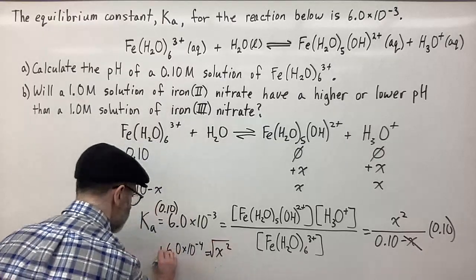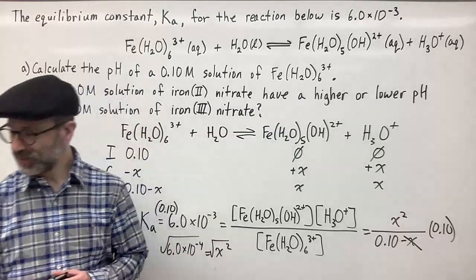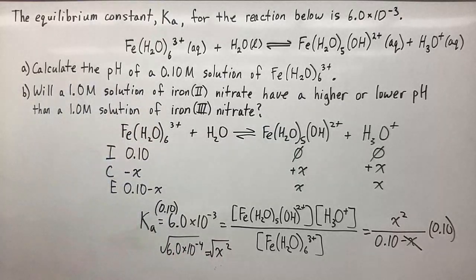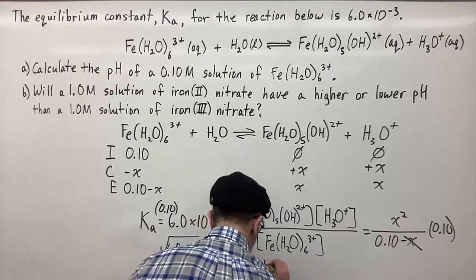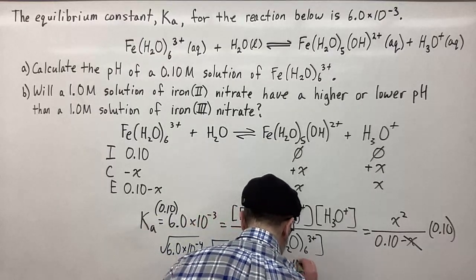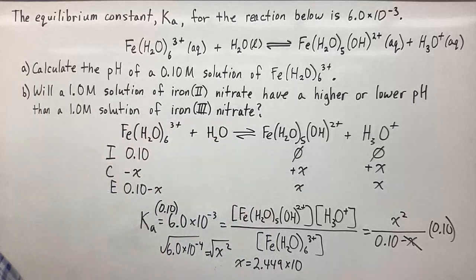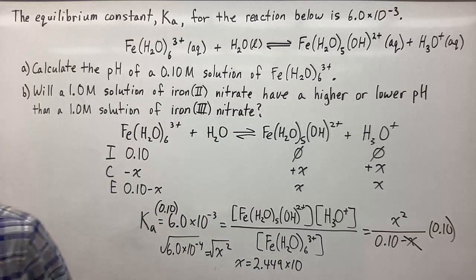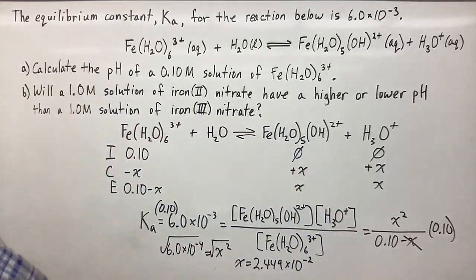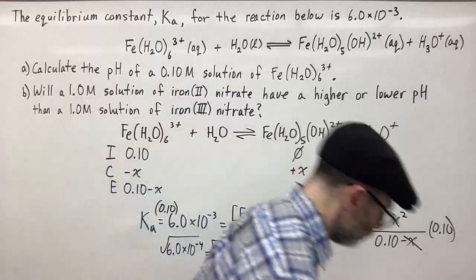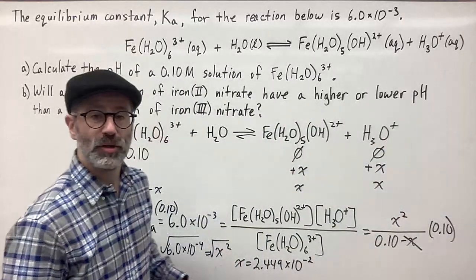And if we take the square root of both sides, we get 2.449. So X is going to be equal to 2.449 times 10 to the negative 2. So that's our X value.